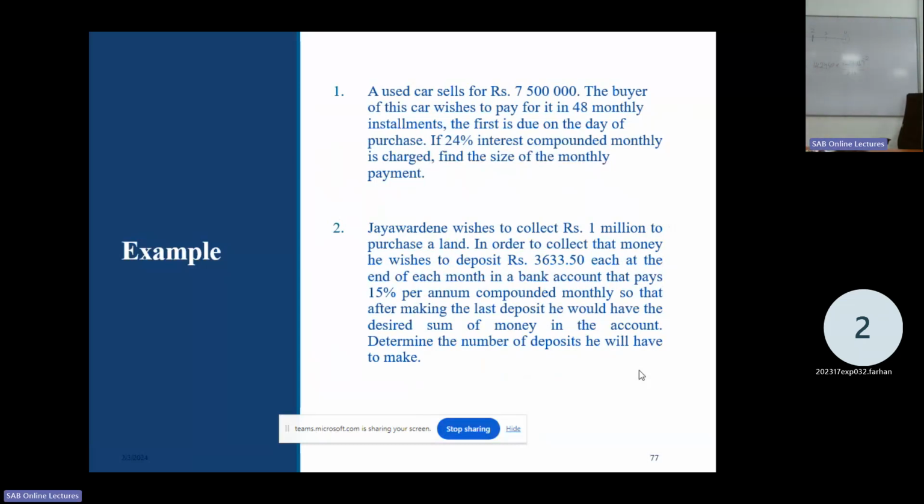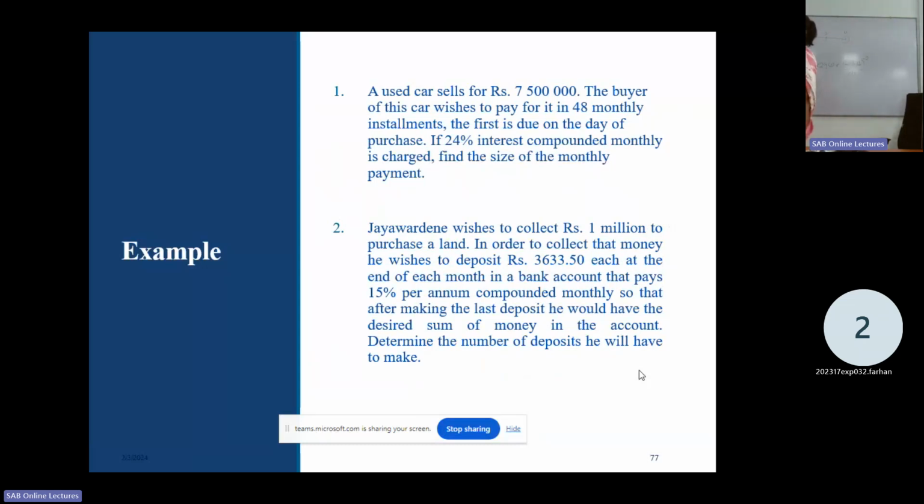Look at this one. A used car sells for 7.5 million. The buyer of this car wishes to pay for it in 48 monthly installments. The first is due on the day of purchase. These are from your tutorials, right? I have taken some questions from your tutorial, so other questions you have to do yourself.